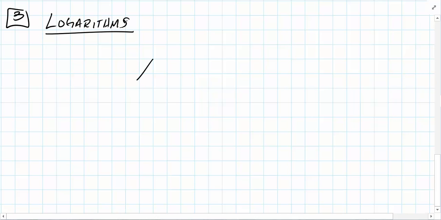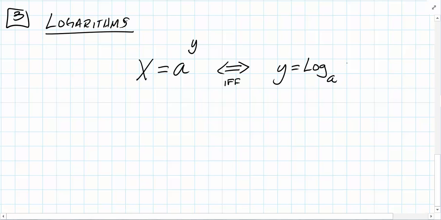So our formal definition says this: x is equal to a to the y. This is the symbol for if and only if, meaning it can go back and forth. X equals a to the y if and only if y is equal to log base a of x.